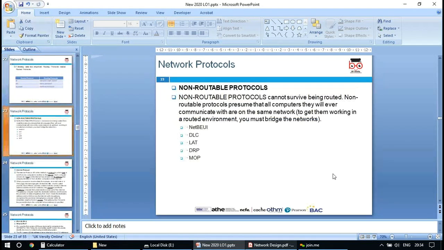And then furthermore, there are non-routable protocols as well. The non-routable protocols cannot survive being routed. Non-routable protocols presume that all computers they will ever communicate with are on the same network, to get them working in a routed environment.